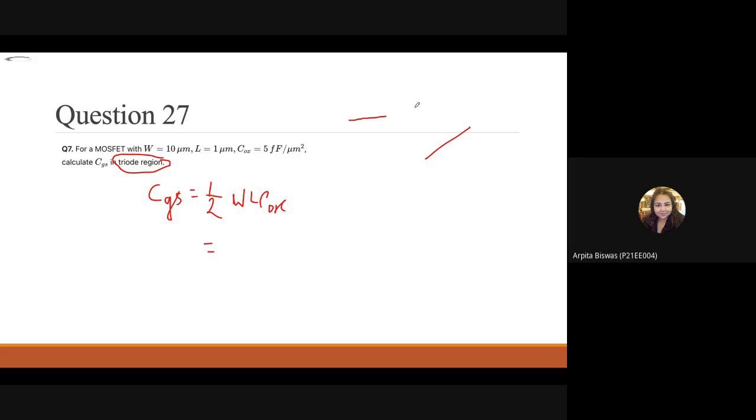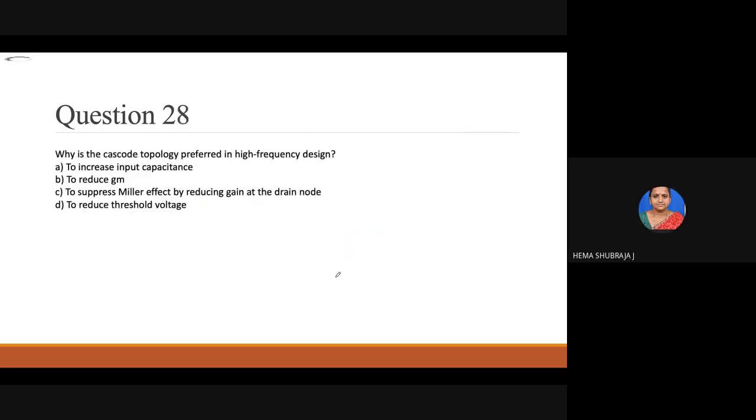If it is in triad region, then half of WL COX. Half of W 10 into 1 into 5 femtofarad. It is 25 picofarad. Yes, so this is the 25.